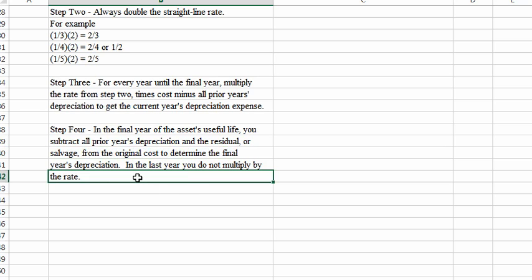In the last year, you do not multiply by the rate. So in the final year, we'll take cost minus all depreciation already taken minus the residual or salvage value, and that's our depreciation in the final year. We do not multiply by the rate.